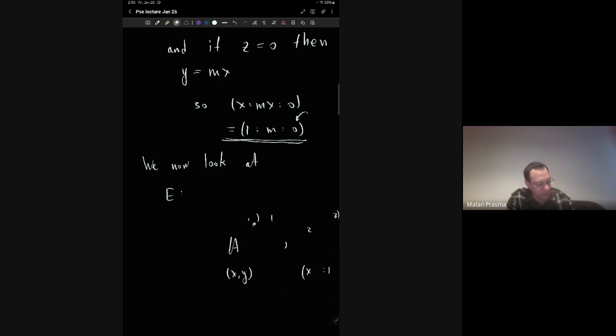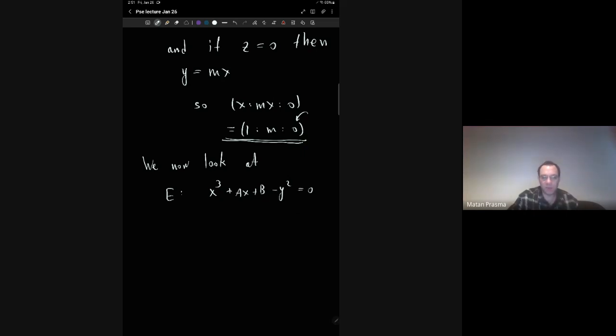All right. So now I look at the polynomial we care most about: x cubed plus ax plus b minus y squared equals 0. And I look at the homogenization of this polynomial in P2.